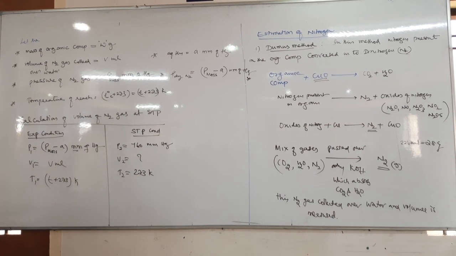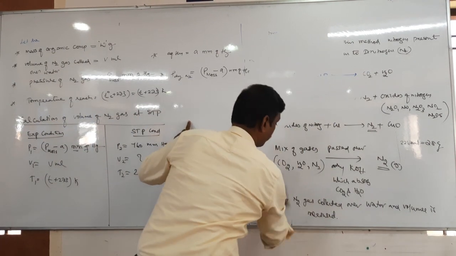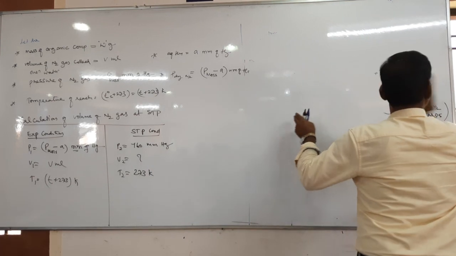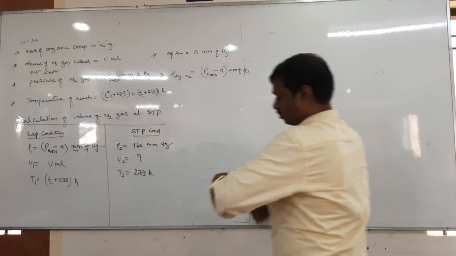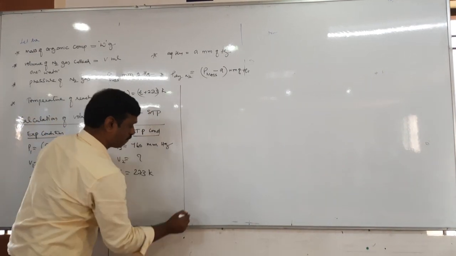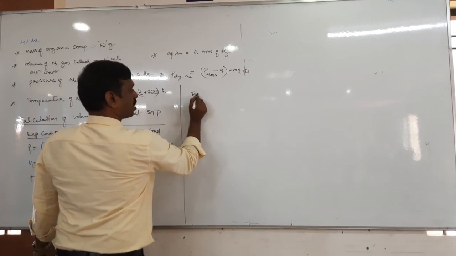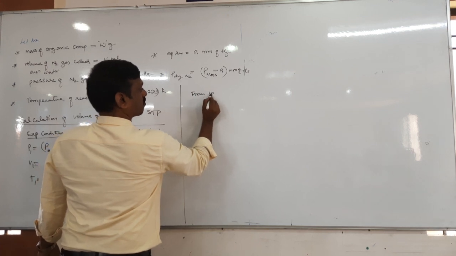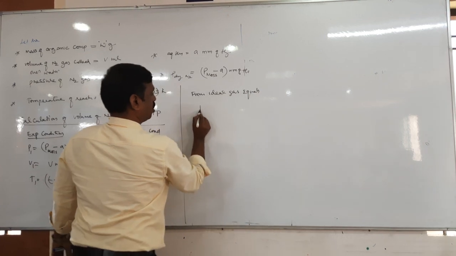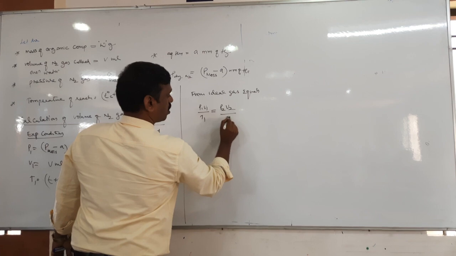Using this information, can you calculate the STP volume? From the ideal gas equation, P1 V1 by T1 equals P2 V2 by T2.